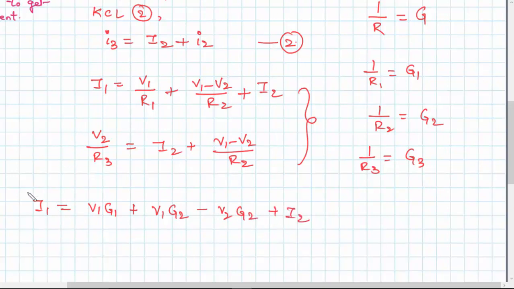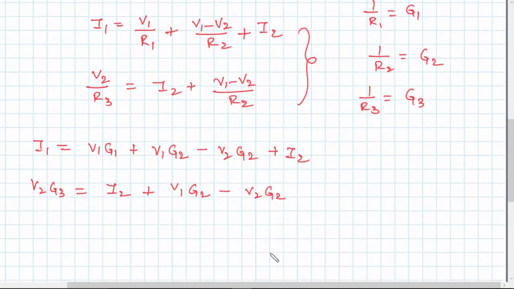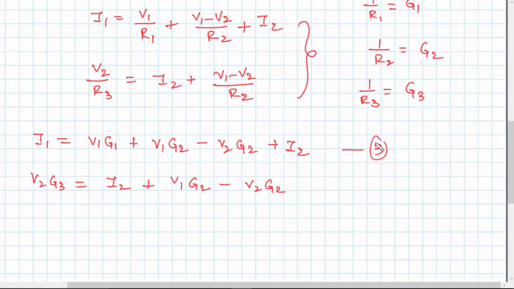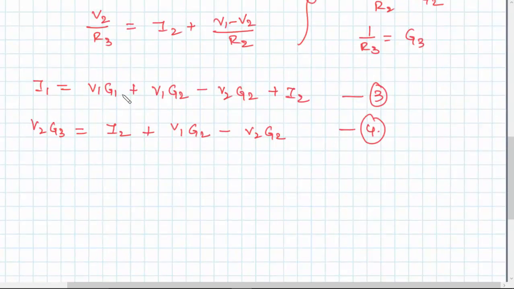Alright, and in the second equation, this can be written as V2 G3 is equal to capital I2 plus V1 over R2 can be written as V1 G2 minus V2 G2. Alright, so let's call it equation 3, and this is equation 4. Alright, so I'll quickly combine all the current terms on one side and the rest of the voltage terms on the other side.